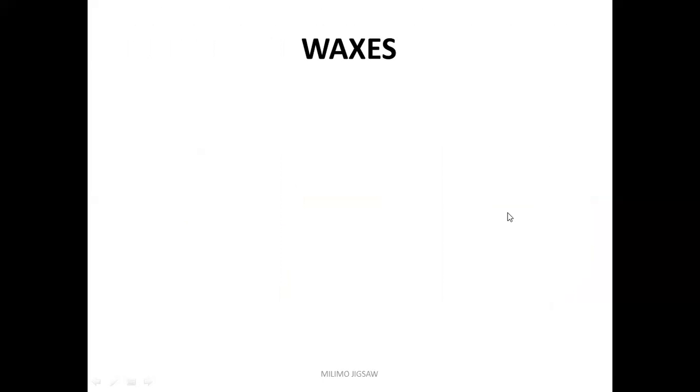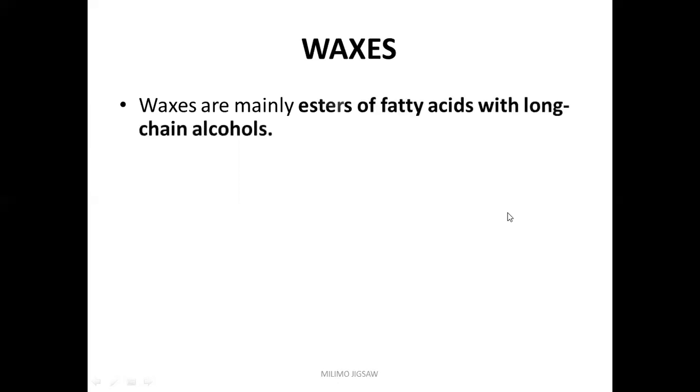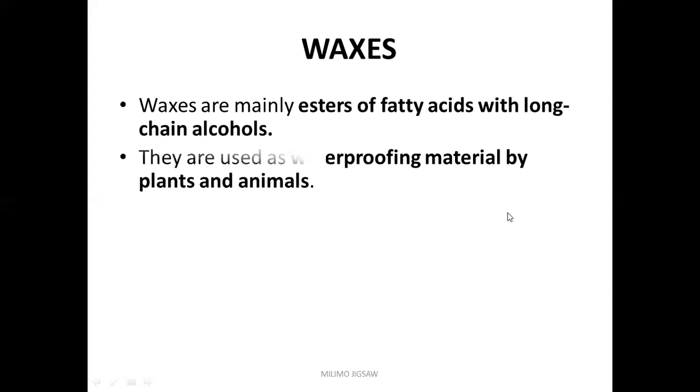Now, the other important lipids that we have are waxes. Waxes are esters of fatty acids and long chain alcohols. They're very important for waterproofing in both animals and plants.